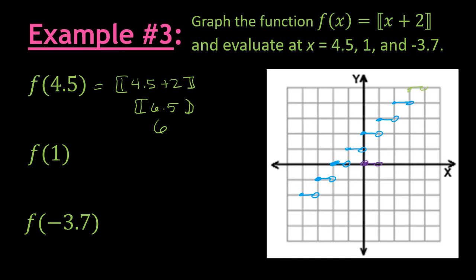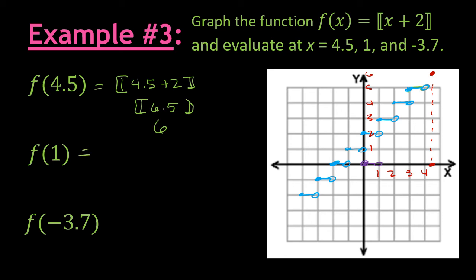If I go over to my graph and I go over to 4.5, 1, 2, 3, 4.5 right here, and I go up. I'm off my graph, but my next value would be here, which is at 1, 2, 3, 4, 5, 6. So that confirms what I got algebraically.